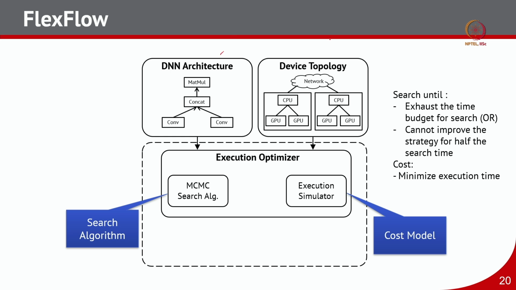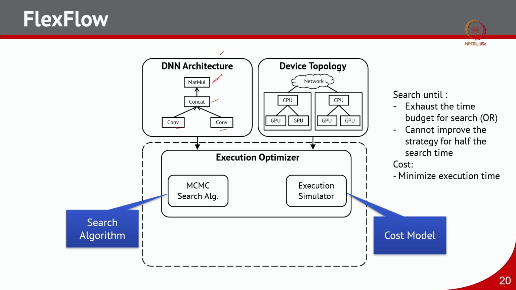Whenever we say DNN architecture, we can think that it can be any ML model in general. In this case, we have two convolution operations, then some concatenation operation, and after that we have this matrix multiplication. So, let us say that is some very naive, representative DNN architecture.